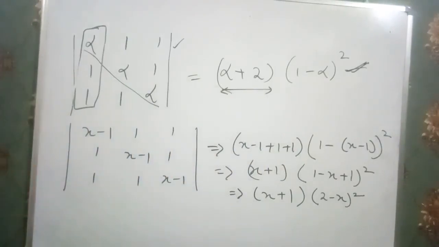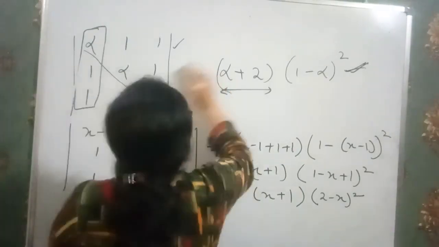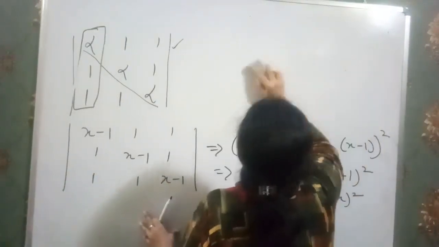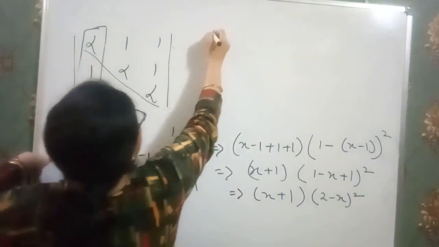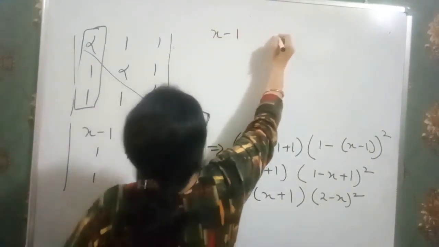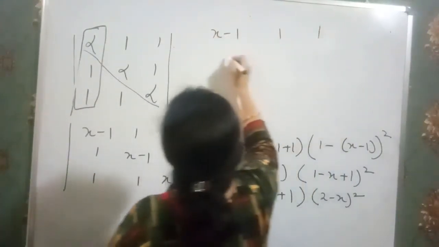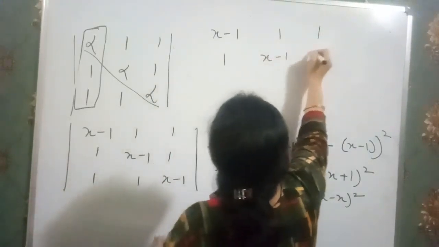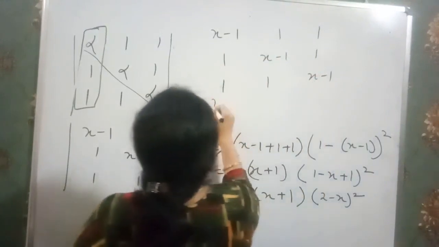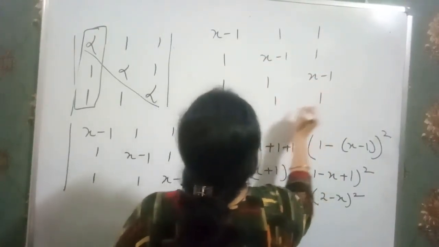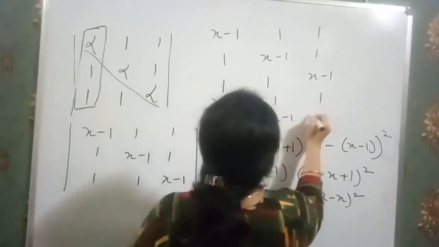I will just explain it to you, or we can find it by the tricky method. Now we have x minus 1, 1, 1, 1, x minus 1, 1, 1, 1, x minus 1, then x minus 1, 1, 1, 1, x minus 1 and 1.